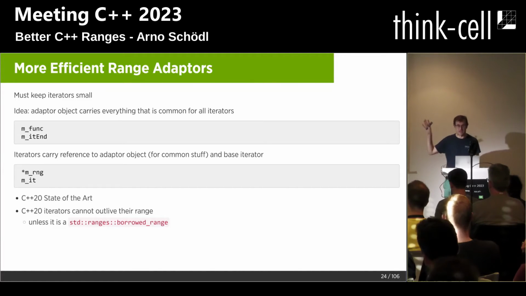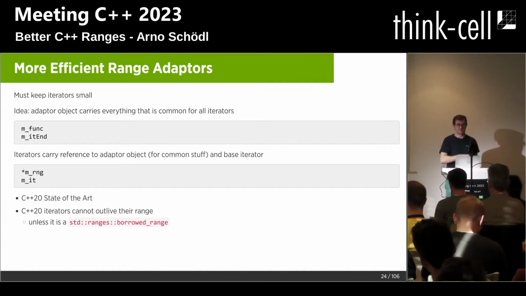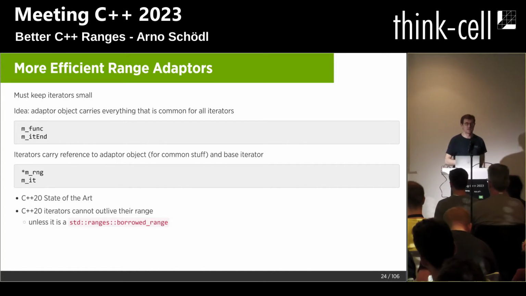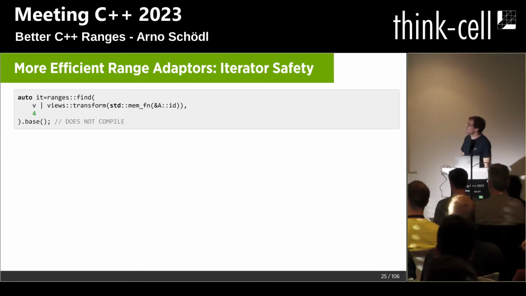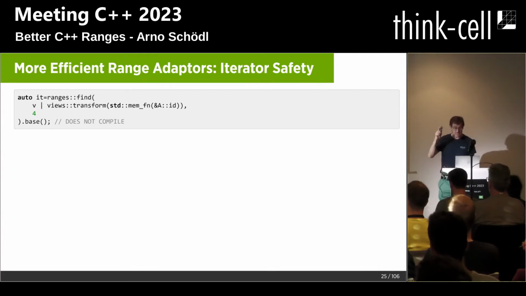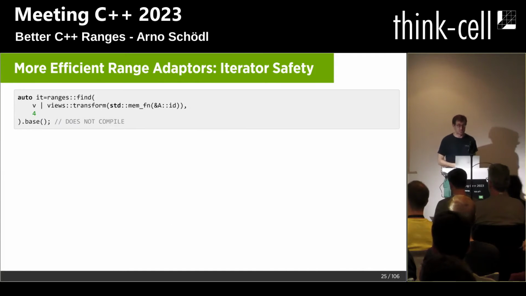So for filter and for transform, in the standard library, they said you need to keep your range alive because we want to store stuff in it. In particular, for the filter iterator, we want to store the end iterator. So let's see how well they did. First of all, a consequence of this decision that the iterators cannot outlive their range, there is some danger.